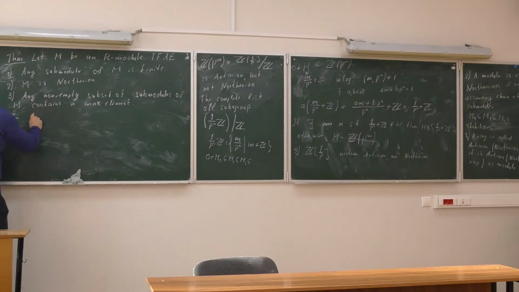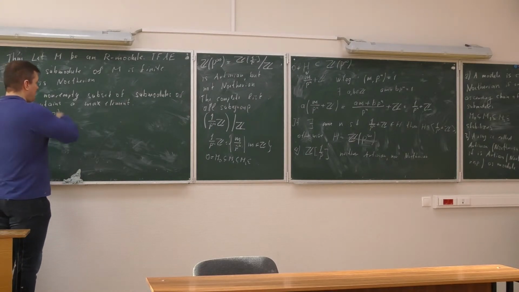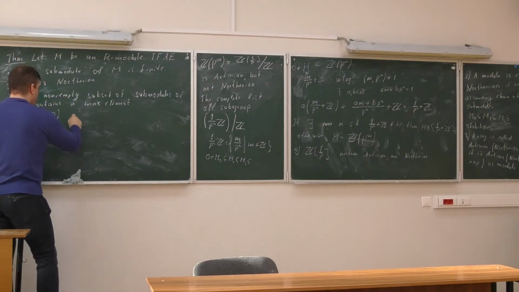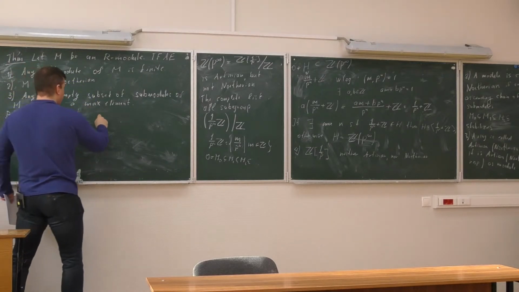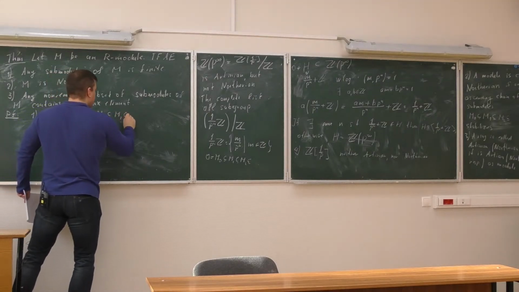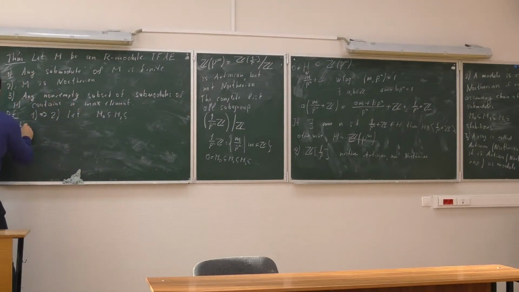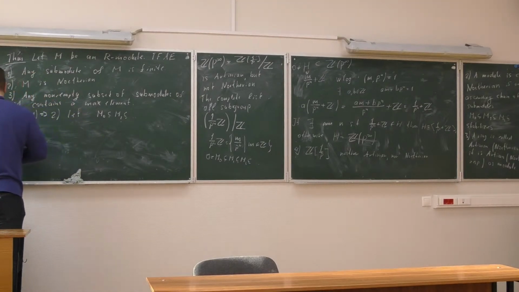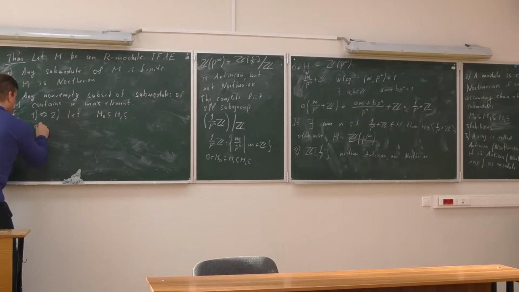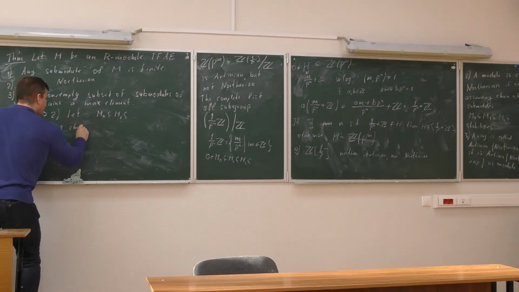So proof. Let's prove that 1 implies 2. So we need to show stabilization of any chain of submodules. So let M0, M1, and so on be an ascending chain.